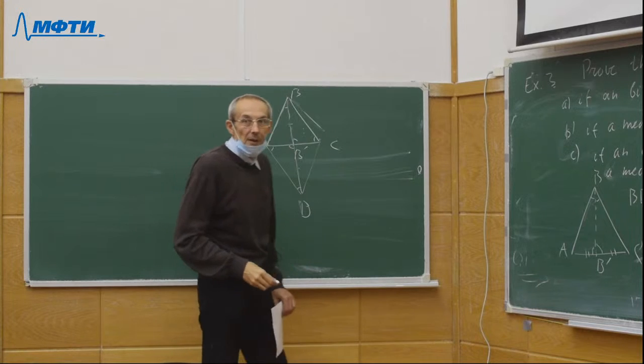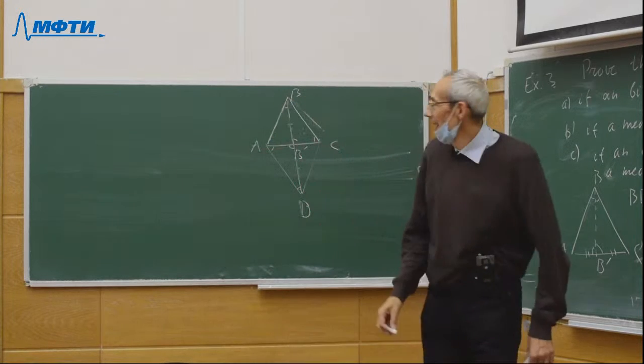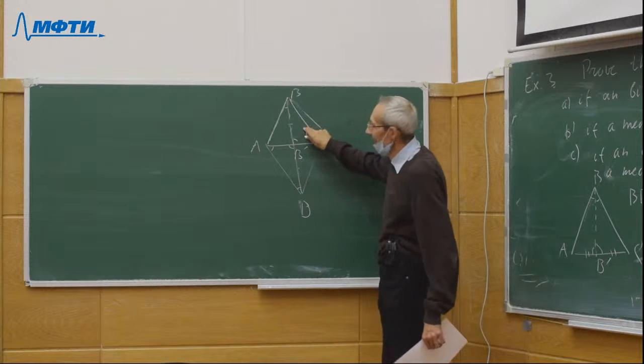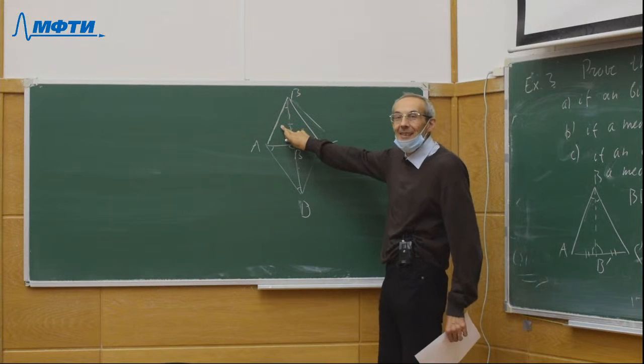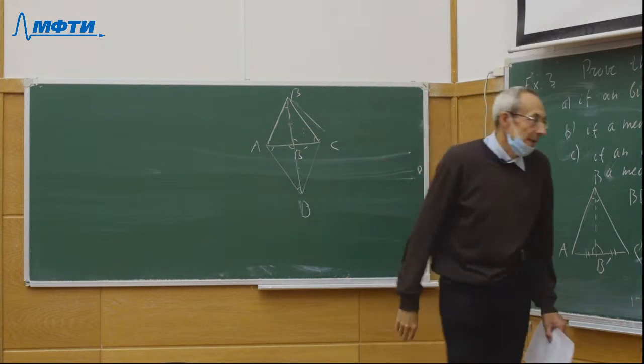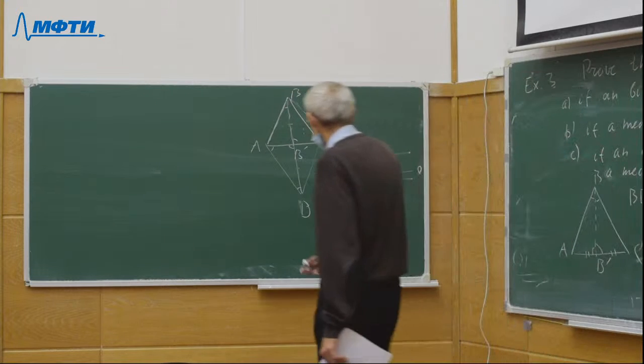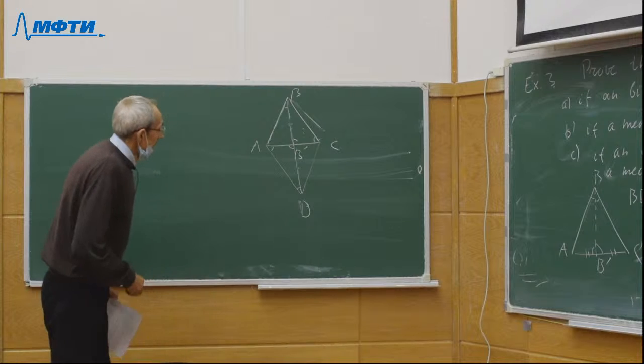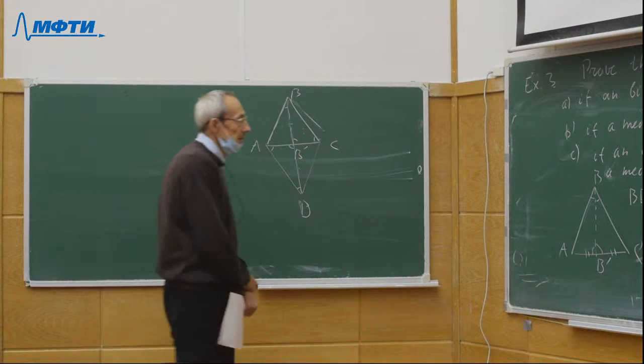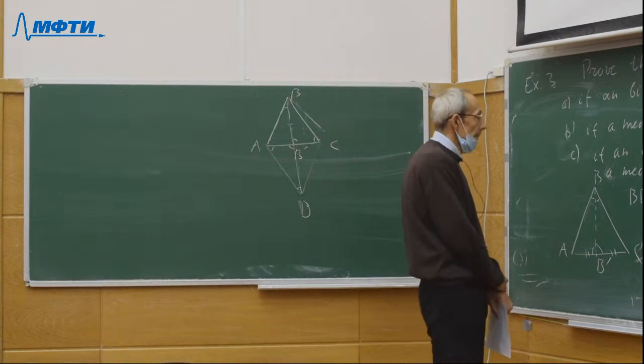And comparing, we obtain that this triangle and this triangle are equal. More hard, but we can imagine and continue this picture, and we see the equality of these triangles.